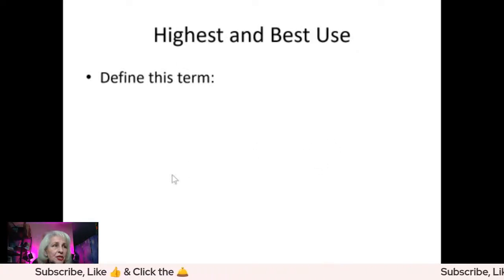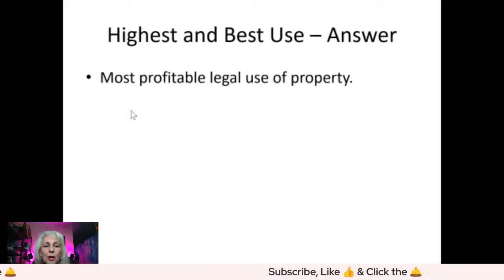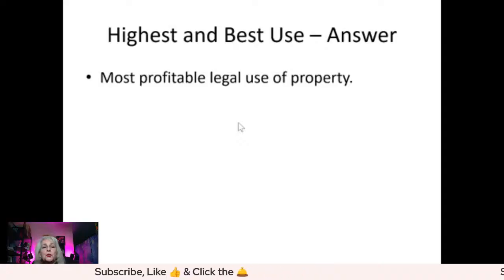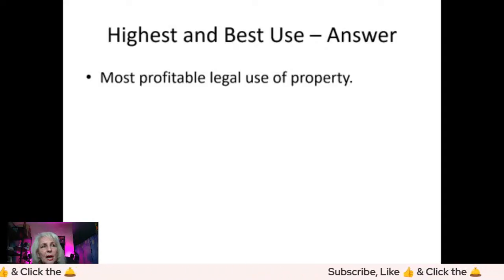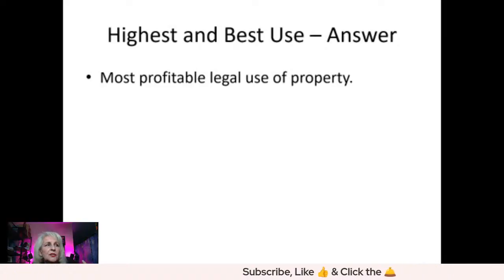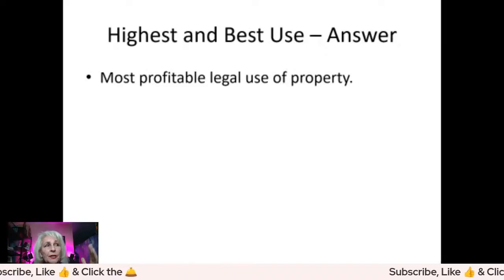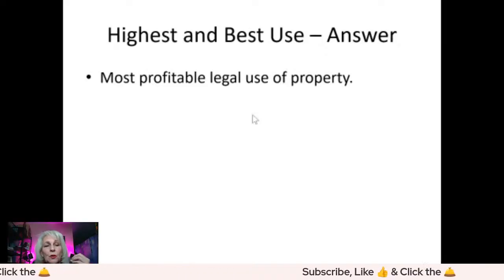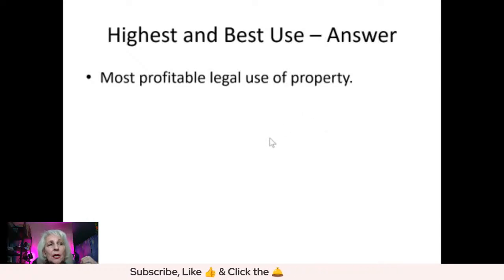Highest and best use. It's the most profitable legal use of the property. So what is the highest and best use of a piece of land? What is the highest and best use of this residential property? It is the use of that property that will make the most money.